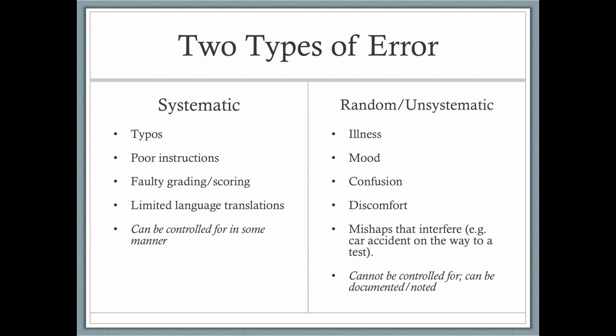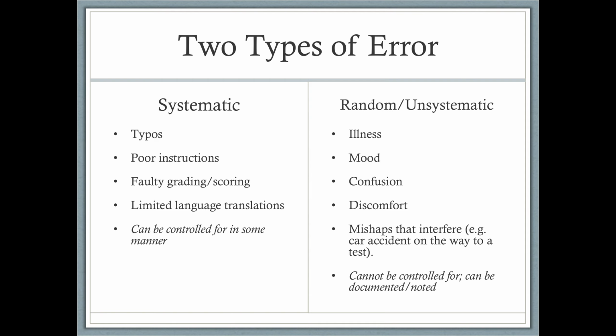So error comes in two flavors: systematic and random. Systematic error are things like typos, poor instructions, poor grading, or there's a mistake where maybe on Blackboard you take your quiz and I put in the wrong value for a question, so you don't get the full credit for the question.